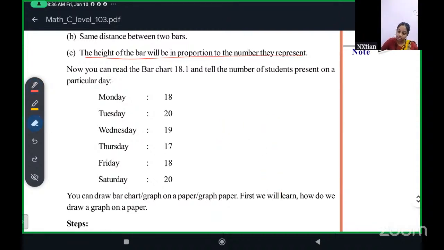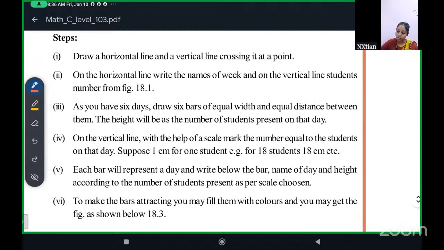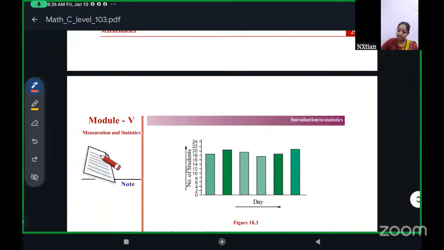We already saw the previous bar graph on the students present and what the readings are. So this is how we draw a bar graph.